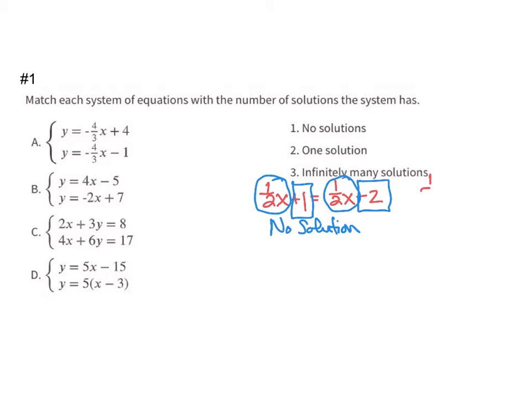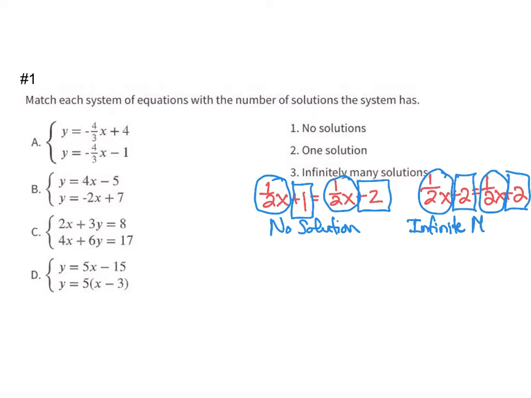Then let's say we had 1/2 x plus 2 equals 1/2 x plus 2. Again, let's look at it. Our variables are the same and the numbers are the same, so everything else is the same. So remember, this is infinitely many solutions.